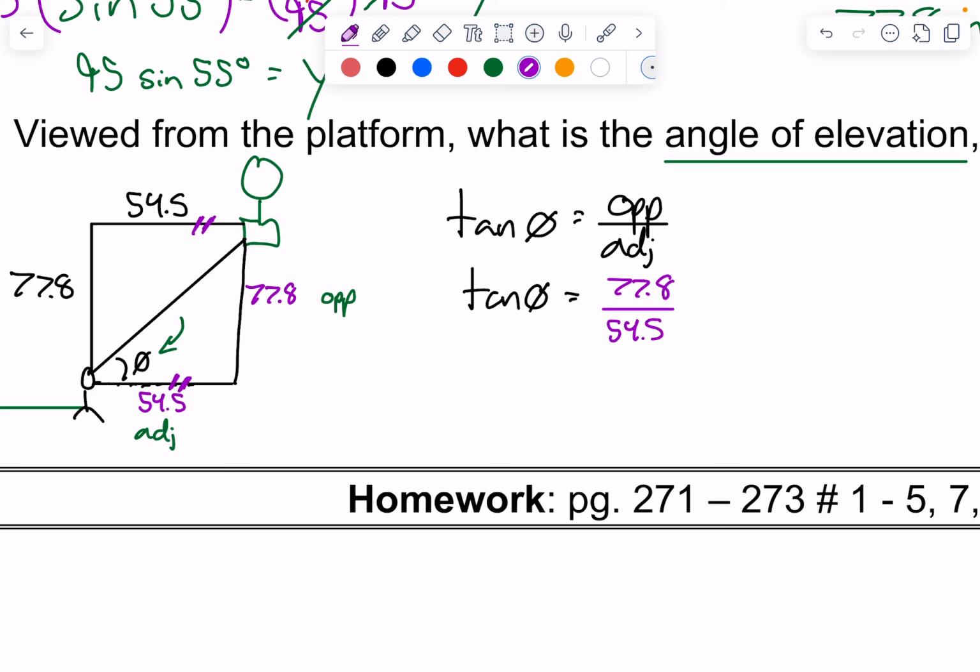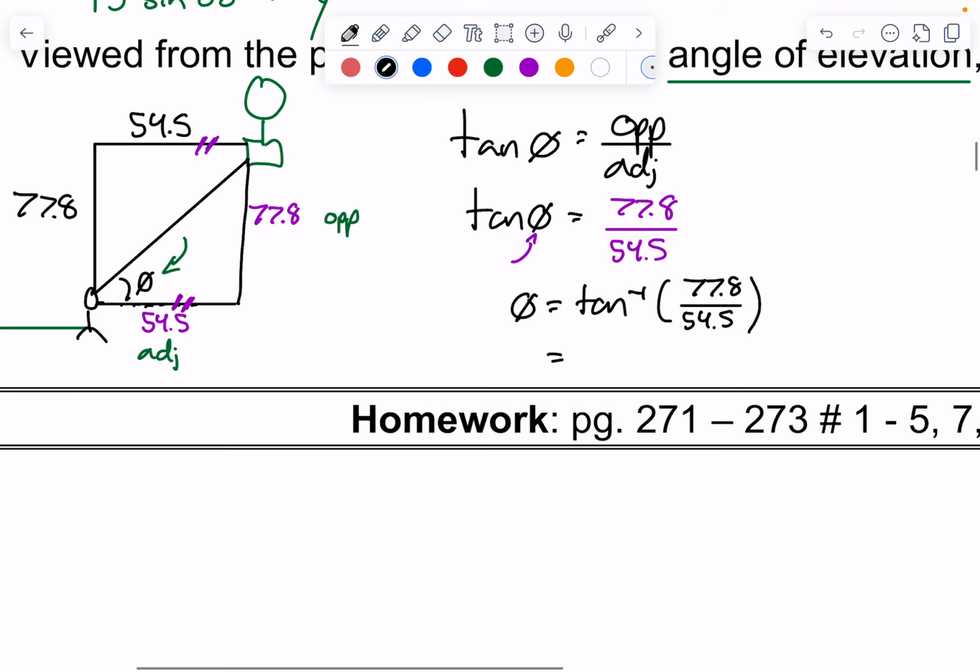So now we are looking for theta, so take the tan inverse of both sides. So theta is the tan inverse of 77.8 over 54.5. And then you just calculate that. Shift tan inverse, 77.8, divide that by 54.5, and you should get 55 degrees. And there we go.